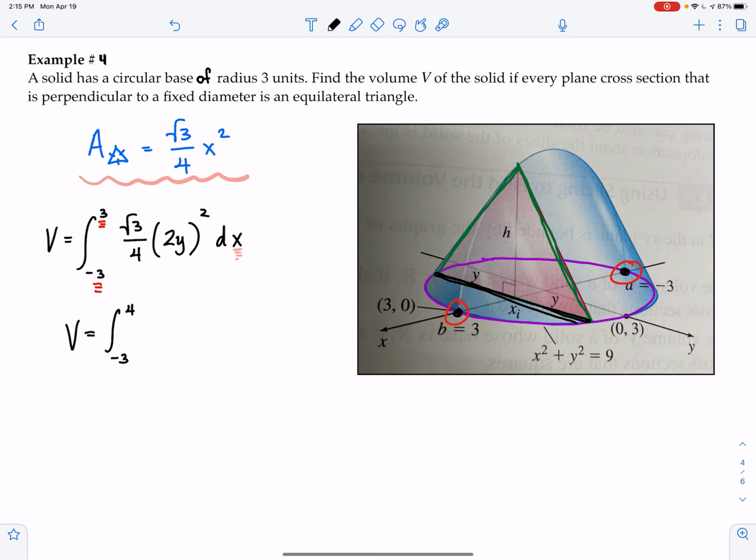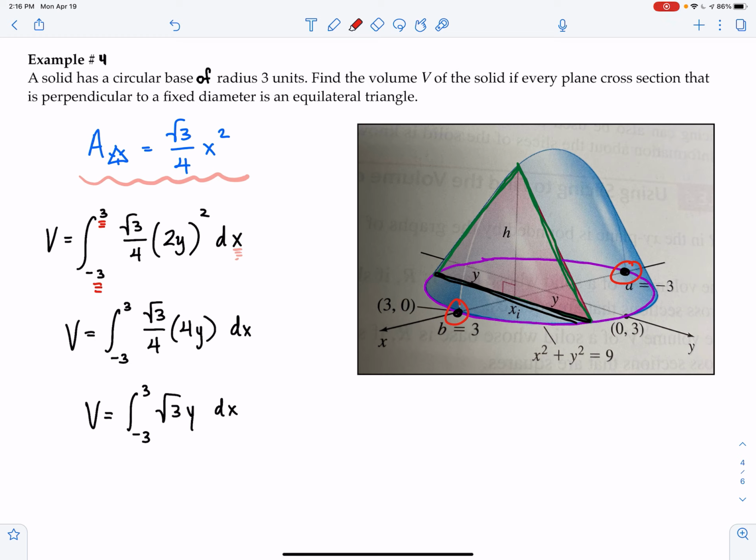So this means, oops, sorry, I had a 4 in my brain. Square root of 3 over 4 times 2y squared, which is 4y squared, dx. All right, the 4s are going to cancel out, and so my volume is equal to the integral from -3 to 3 of the square root of 3 times y squared dx.